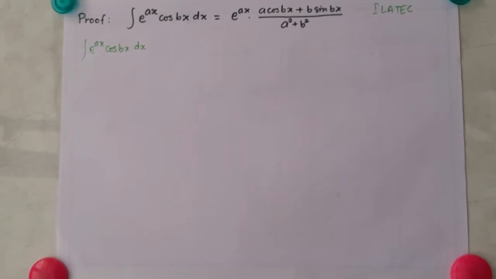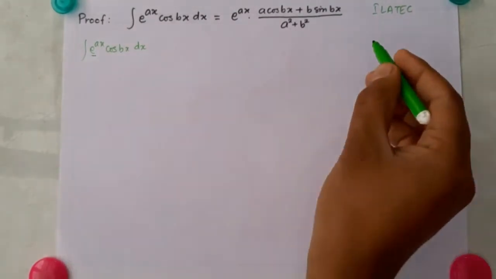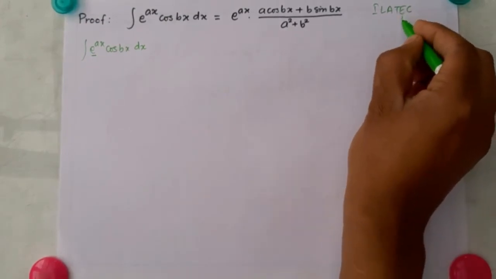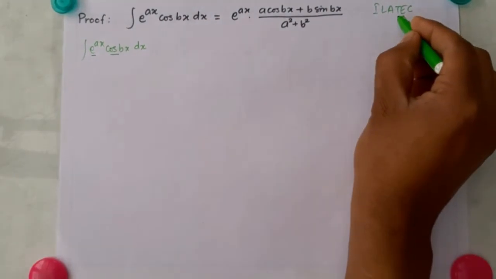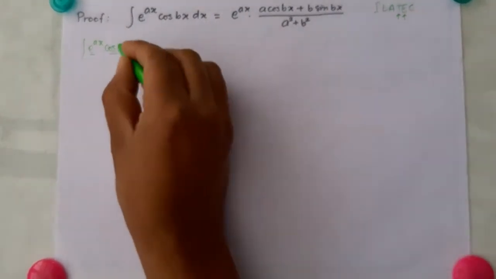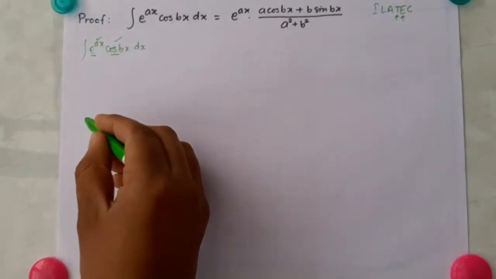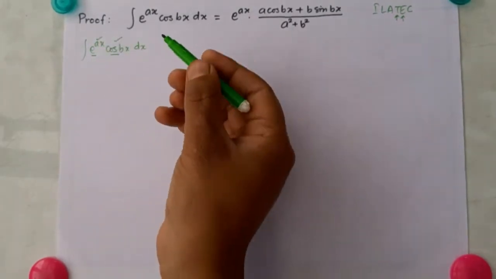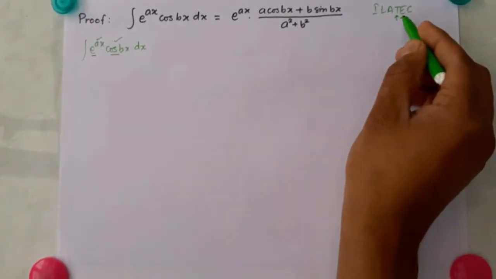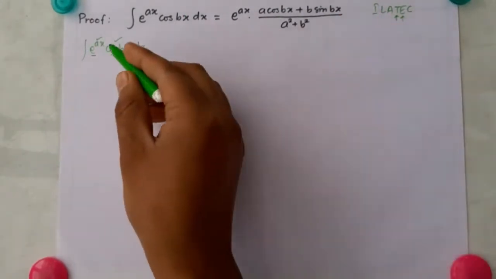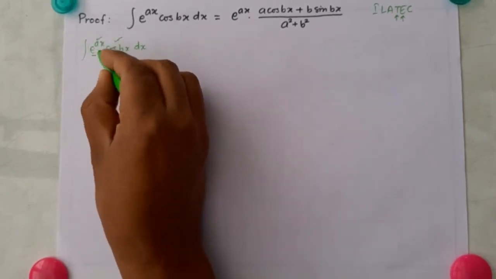Here you see that e to the power ax is of the form exponential, so this is my E, and cos bx is my trigonometric function, that is T. So my first function is this one, and the second function is this one. That means I need to integrate the second function, and we need to differentiate the first function, that is, this has to be differentiated and this will be integrated.